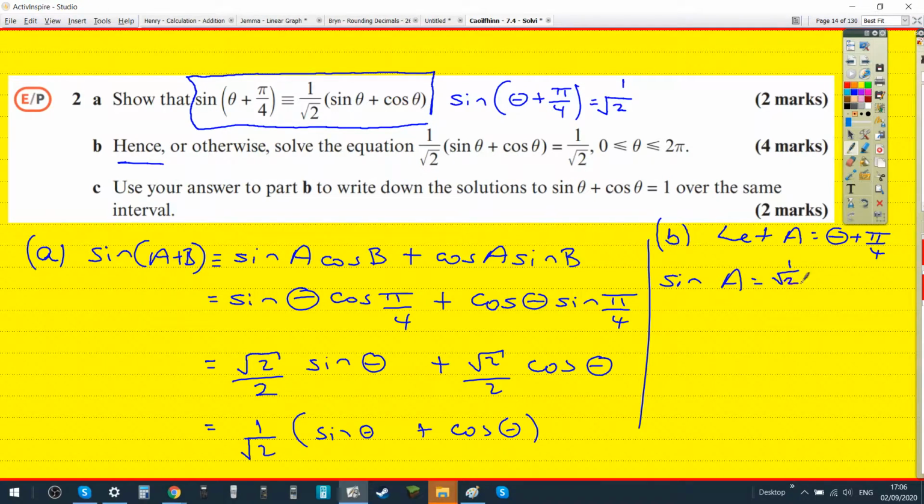Well done. So now with that, a equals sine to the minus 1 of 1 over root 2, which gives us 1 over 4 pi. Okay.